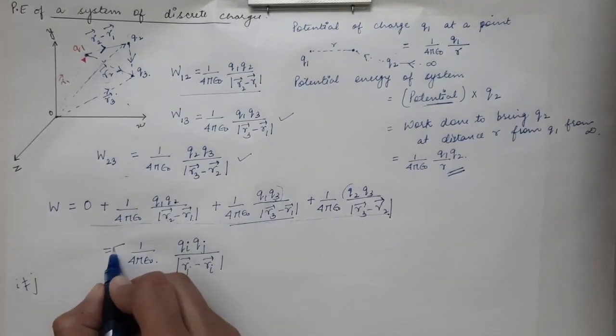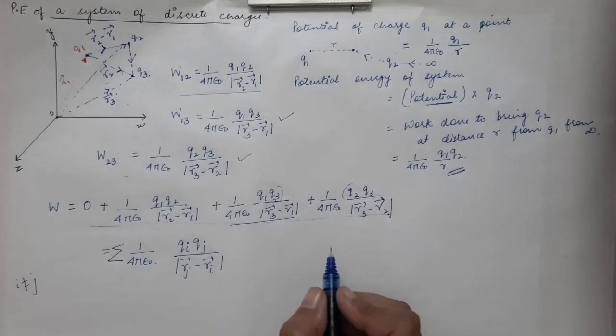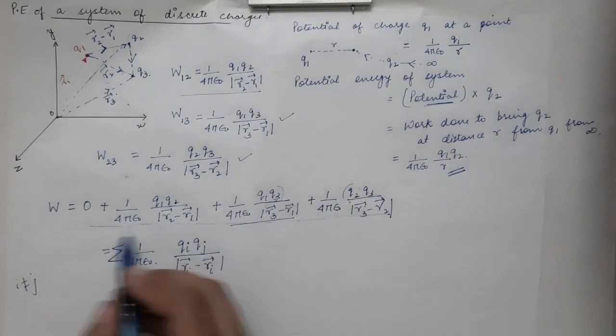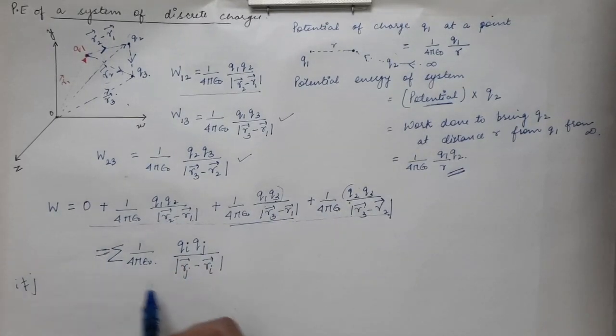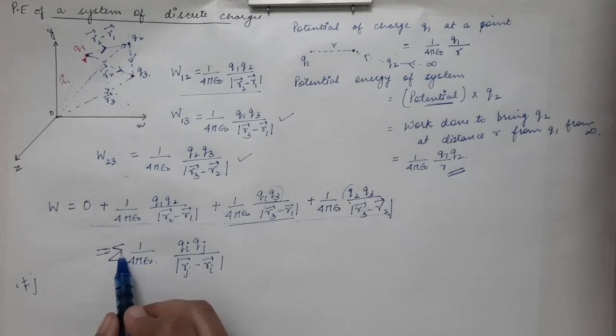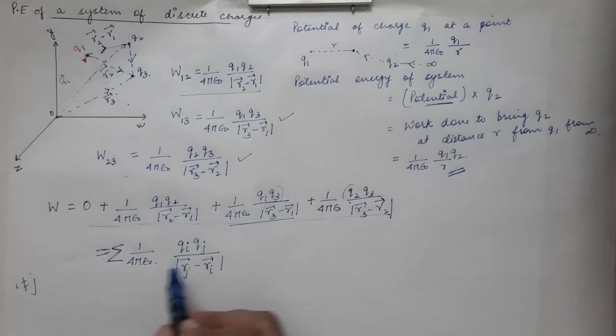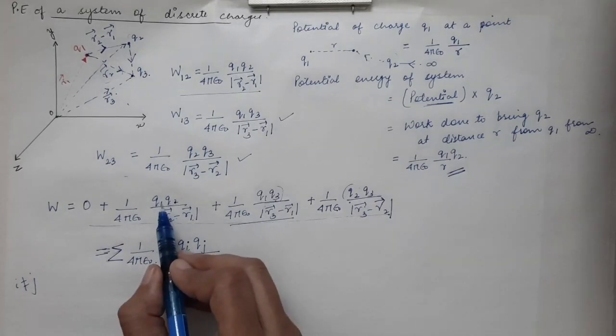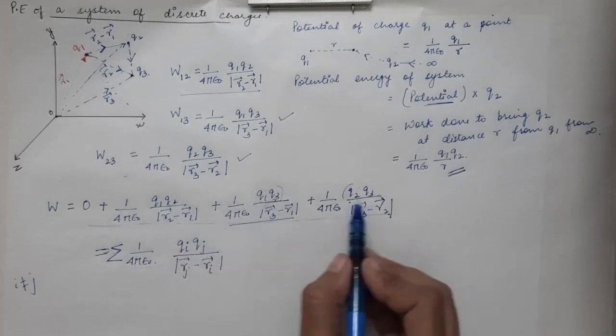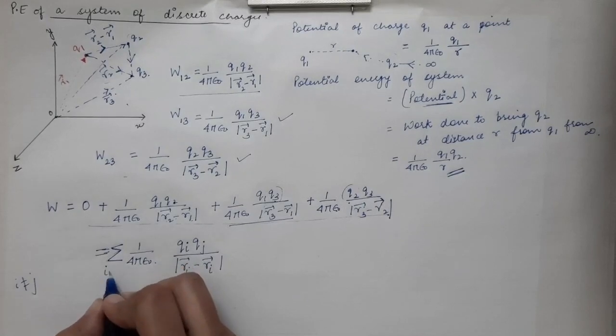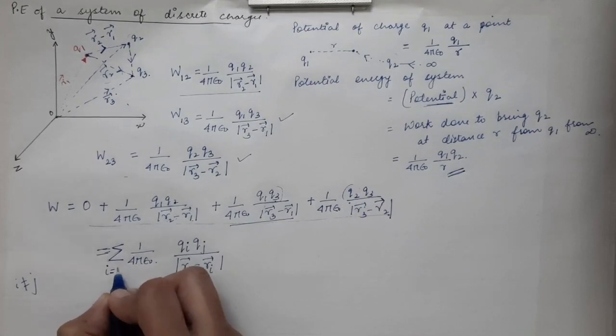So here also we will write a summation. Here we had three terms, so in order to write the general form of work done, we will write a summation before this term. And as we have said, i will go from 1 to 3.